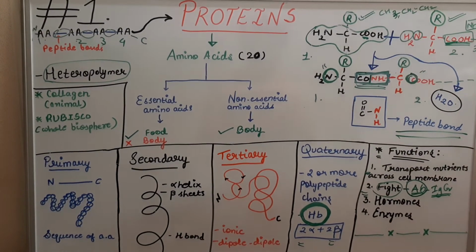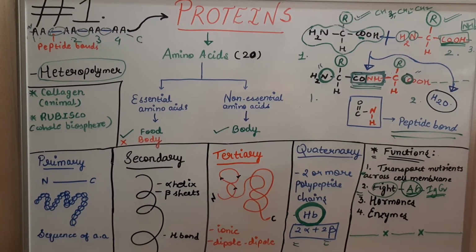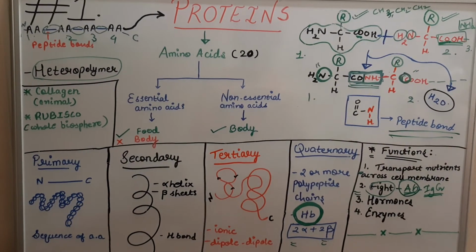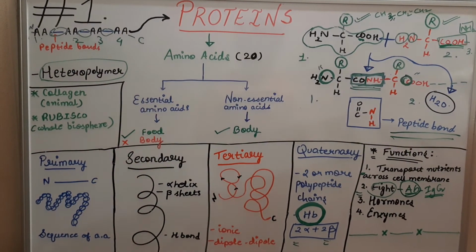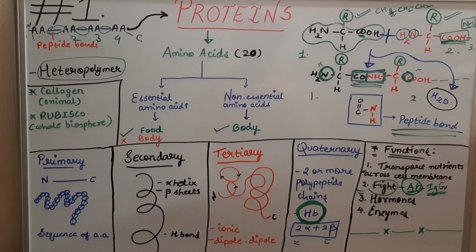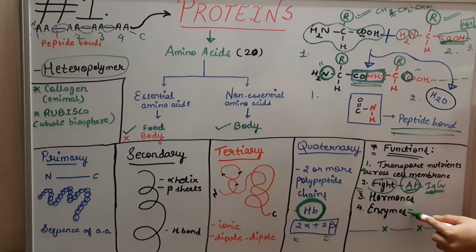Third is hormones. Many hormones, such as growth hormone, are proteins. They transmit signals to coordinate biological processes between different cells, tissues and organs. And the fourth function is enzymes.